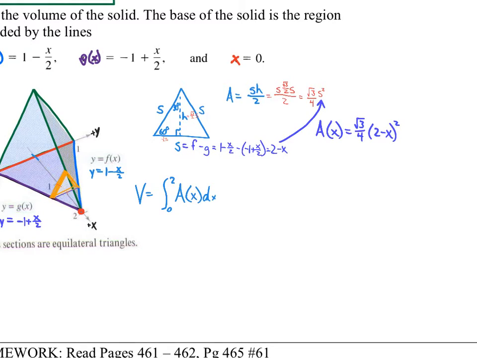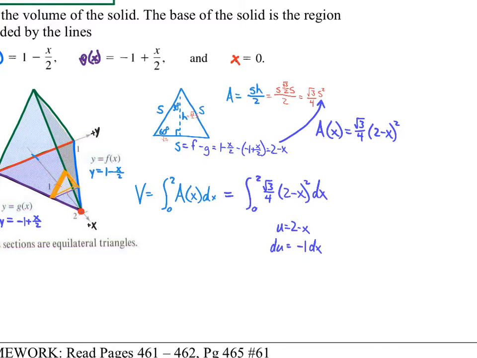So now we know that this is the integral from 0 to 2 of root 3 over 4 times 2 minus x squared dx. U is 2 minus x, so du is negative 1 dx.